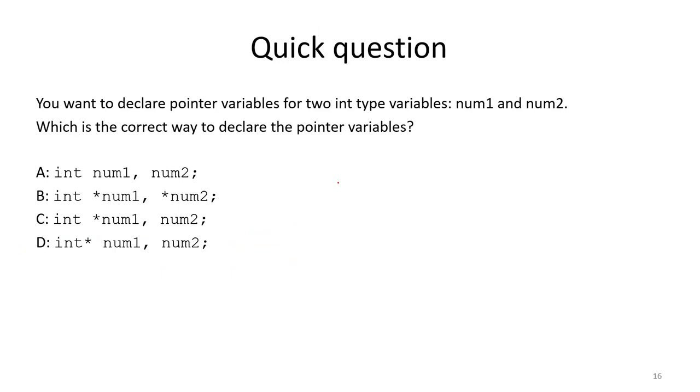Let's go ahead and try a quick practice question. Suppose we want to declare pointer variables for two int type variables. So we want a pointer named num1 and a pointer named num2. Which of these would be the correct way to declare those pointer variables? Take a moment and see if you can identify the correct answer.